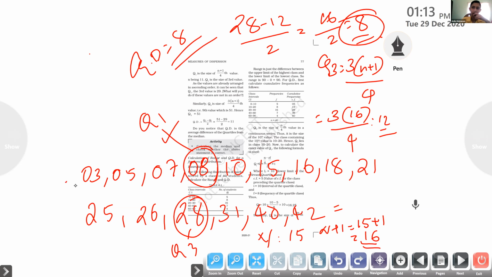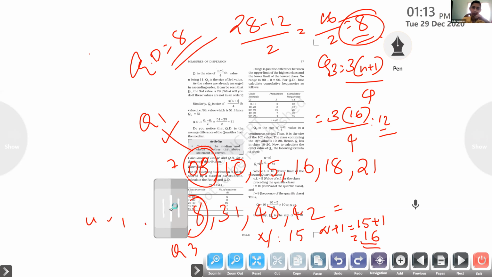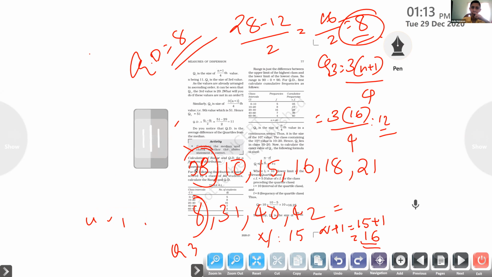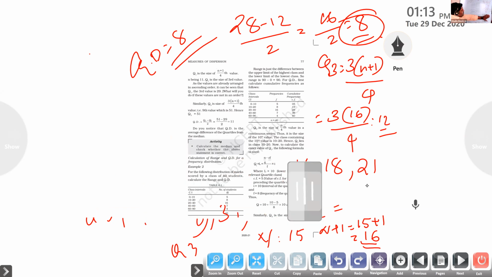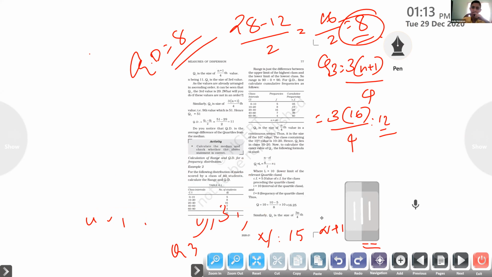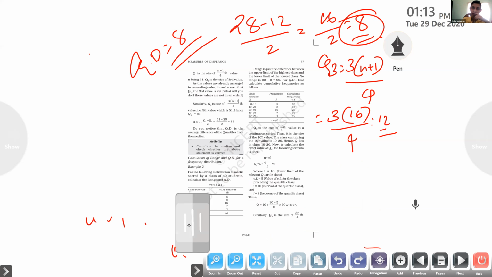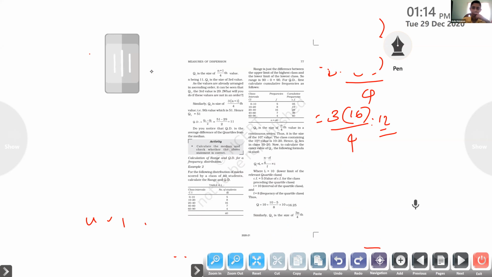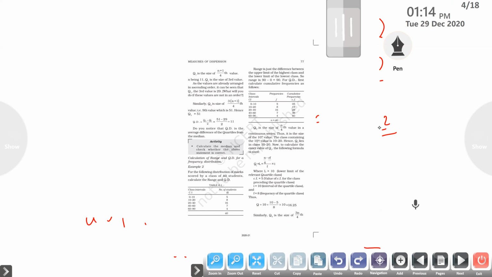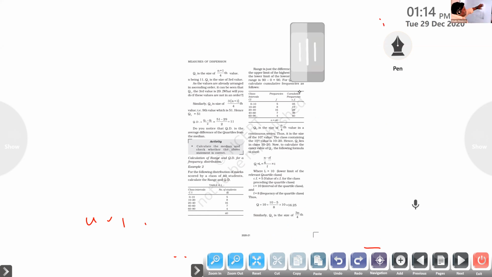Sir, how 8? We should take 28 minus 8. Q1 is the fourth term, and that's 8. So what is the Q1 here? 8 only, Q1 is 8. 16 divided by 2, right?